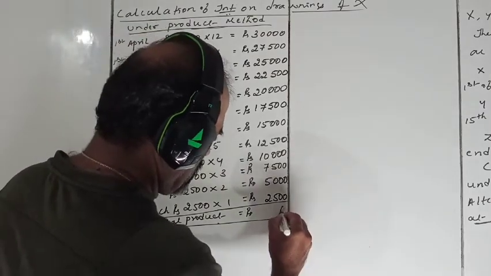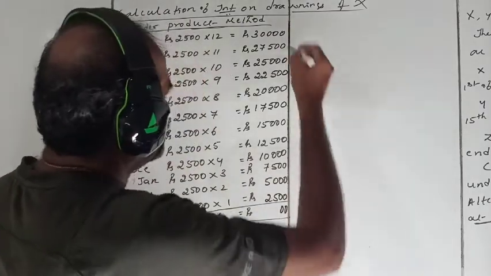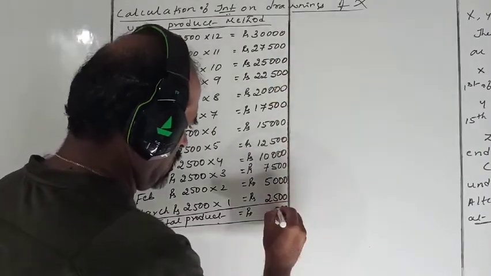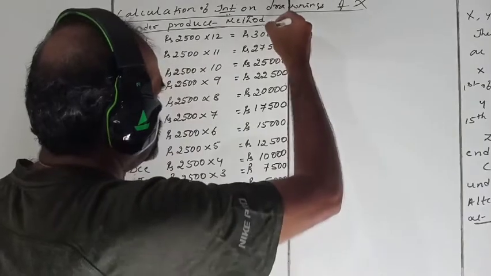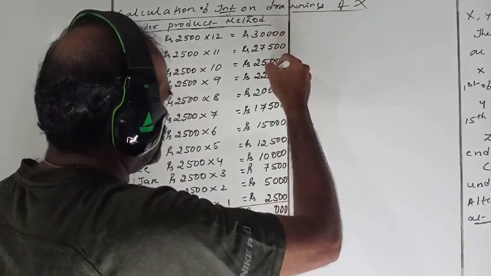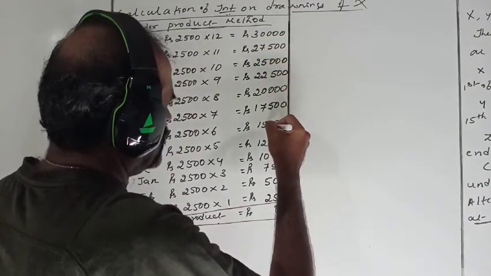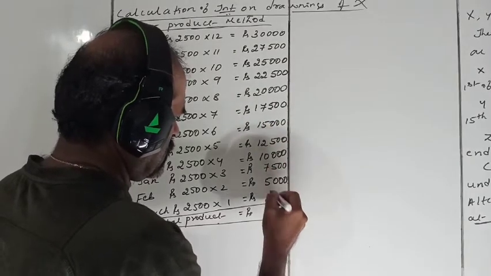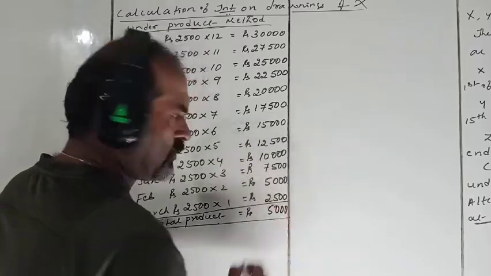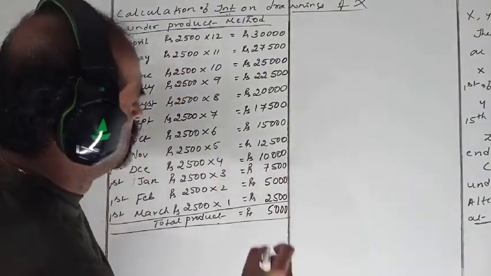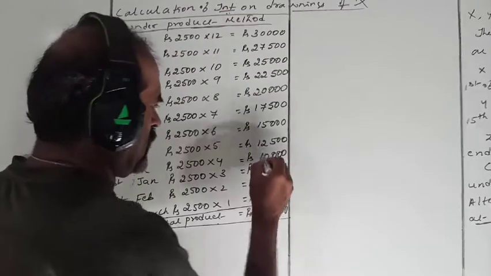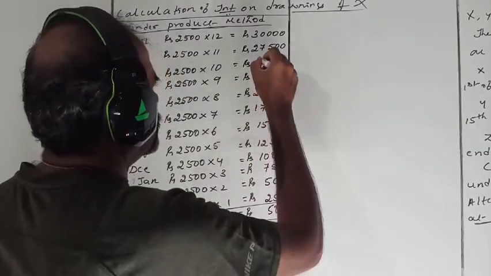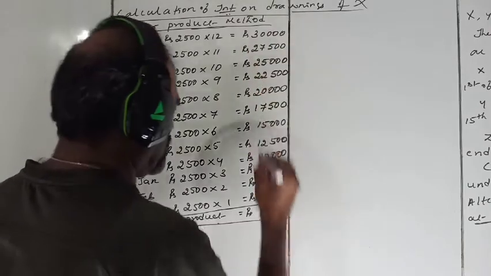Okay, 0, 0, 5, 10, 15, 20, 25, 30, 3 carry, 10, 15, 17, 24, 29, 31, 38, 45, 4 carry, 5, 6, 7, 8, 10, 12, 14, 16, 19.